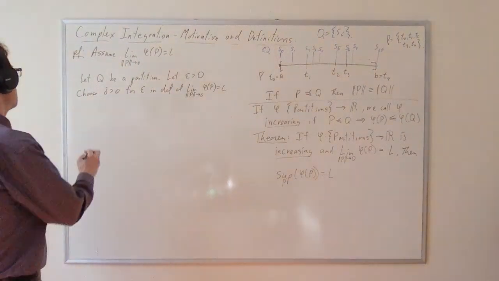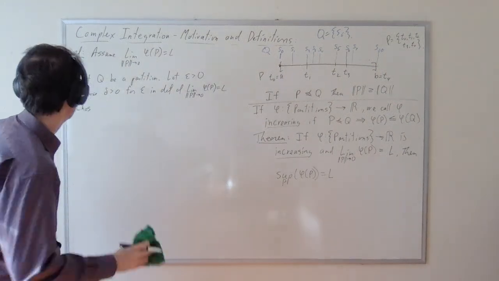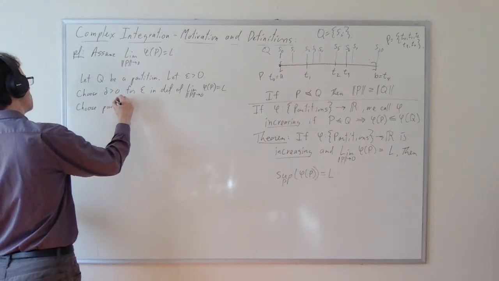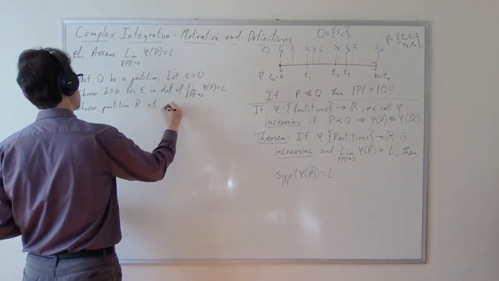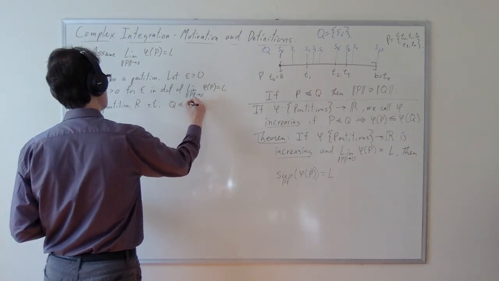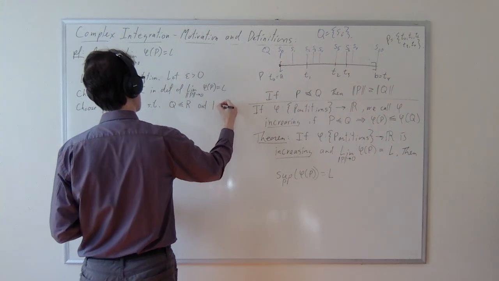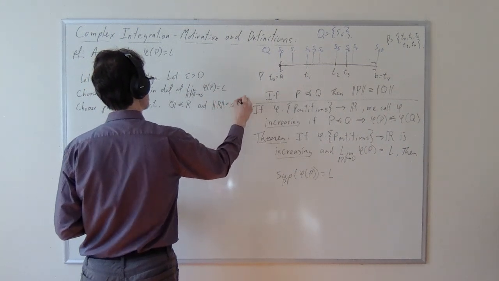Okay? So then we're going to choose a partition R refining Q, so that Q is refined by R, and the norm of the partition R is going to be less than this delta.